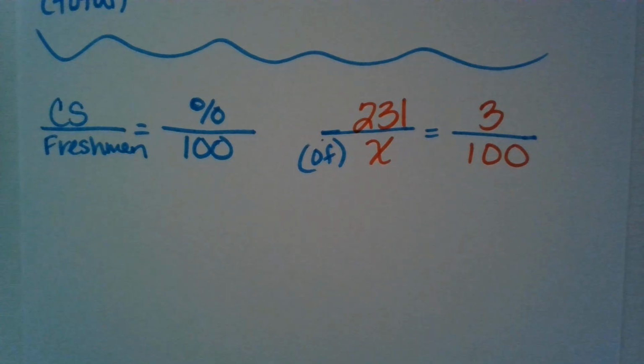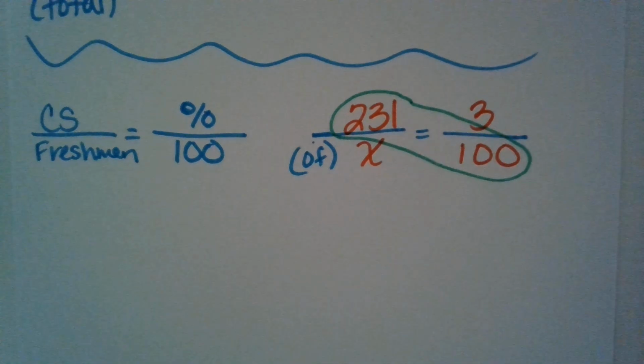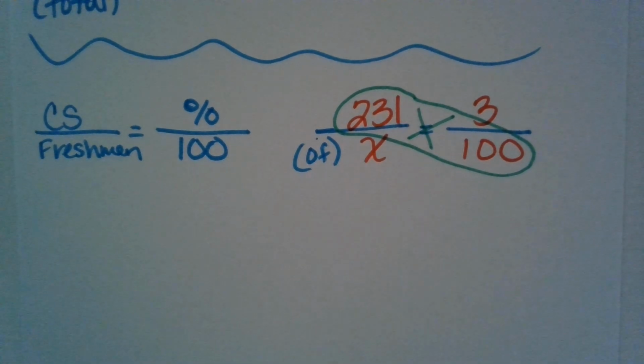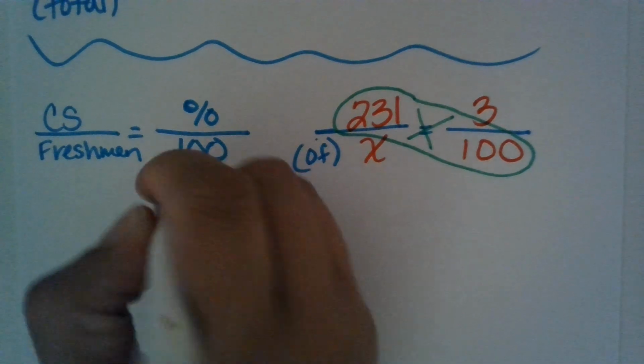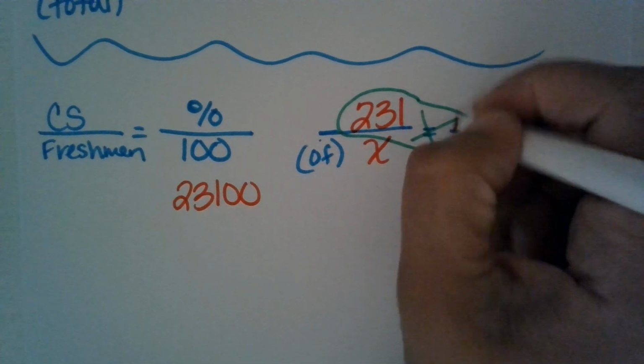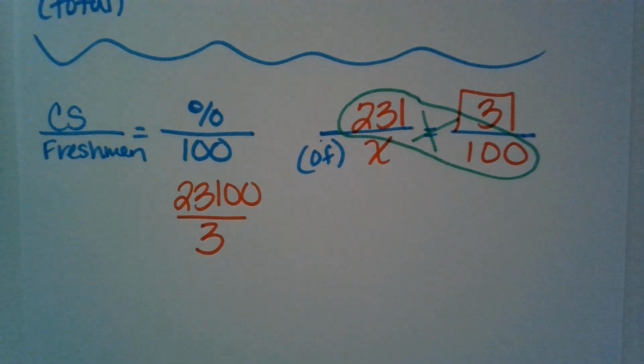One way I'm going to solve a proportion is to cross multiply. So multiply these two numbers first. That's 231 times 100. Please use Desmos. Do not make it difficult on yourself, because you are going to get some big numbers.